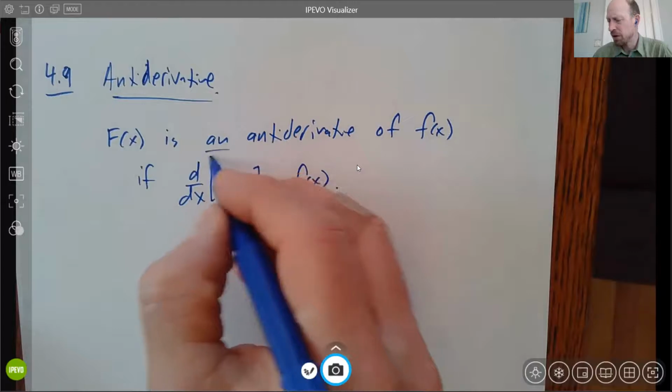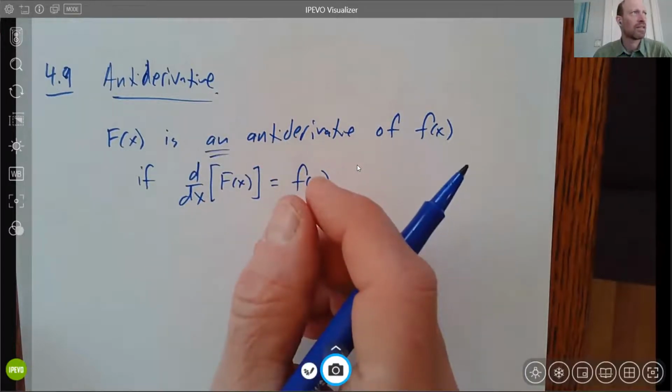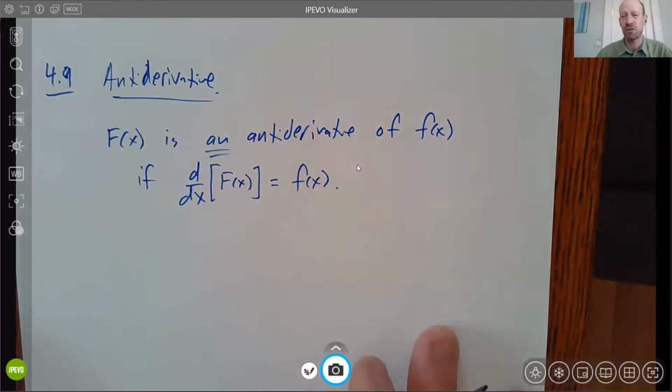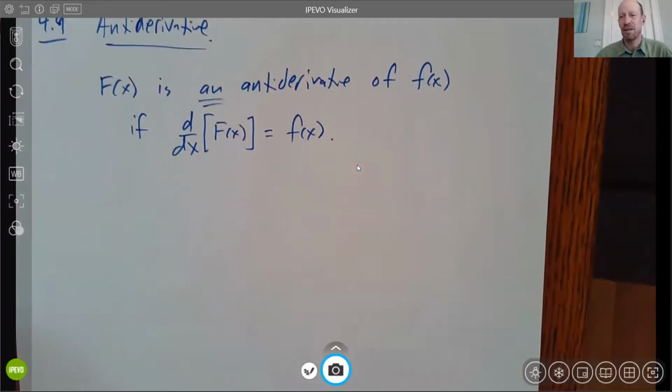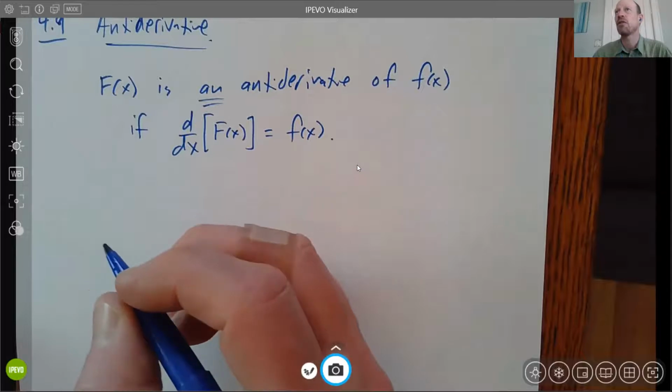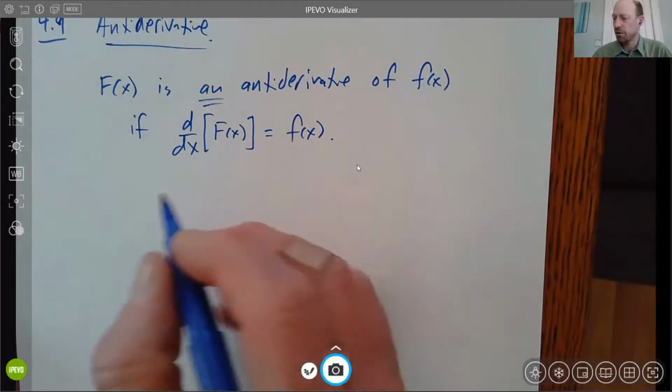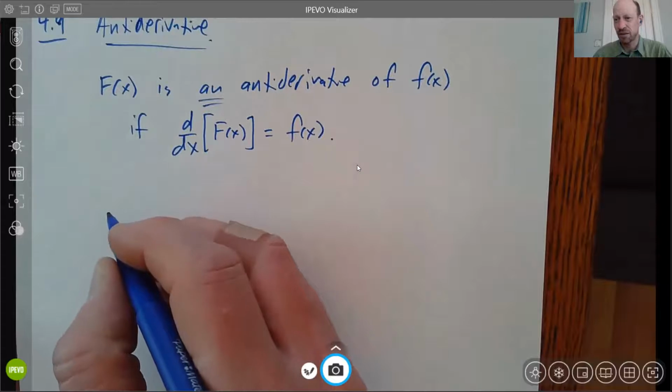But you may notice that it is an antiderivative, right? So it's not the antiderivative. It turns out there are several, well, infinitely many antiderivatives. However, all of these antiderivatives are the same except for a constant.